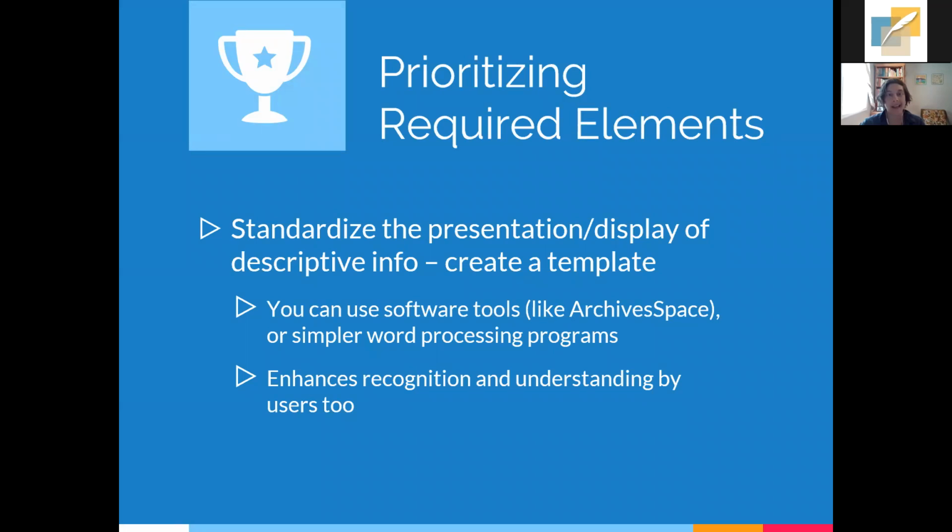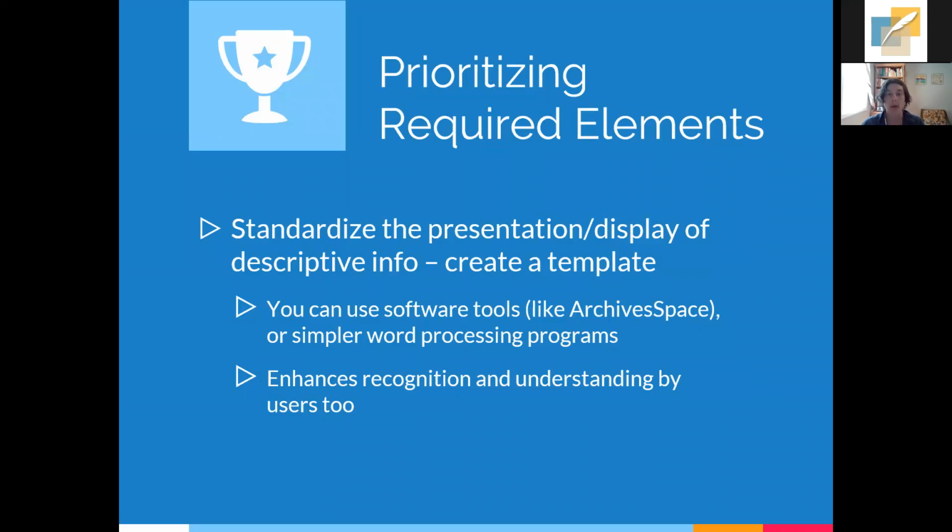And also, standardize the presentation and display of your descriptive information. Having a template can just help you build in this work in a way that makes it easier to manage moving forward. Software tools exist for this. A lot of people use ArchivesSpace, which helps provide a consistent structure already for these DACS elements, but a word processing program can also provide you with something similar for your own organization.